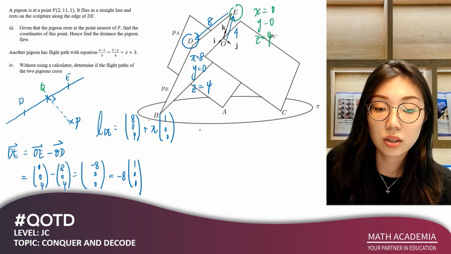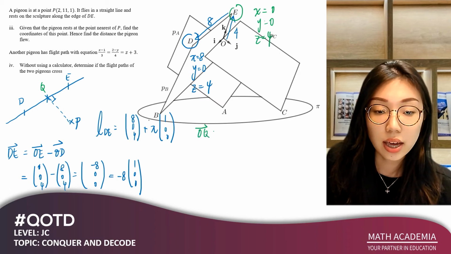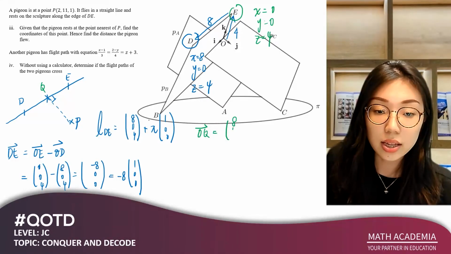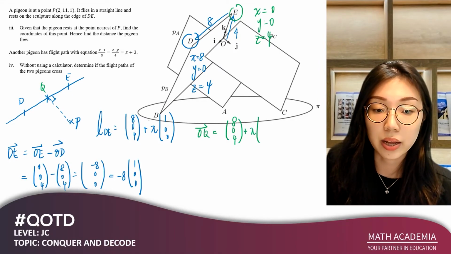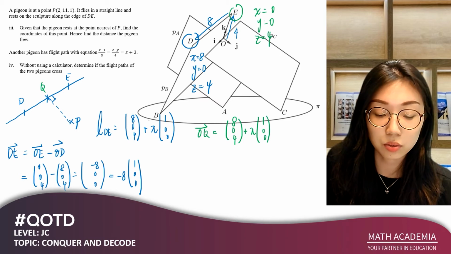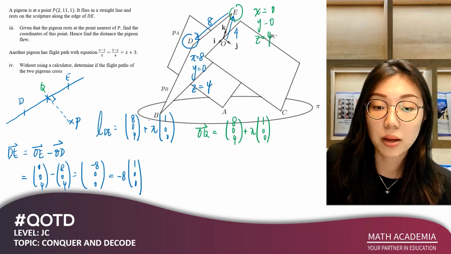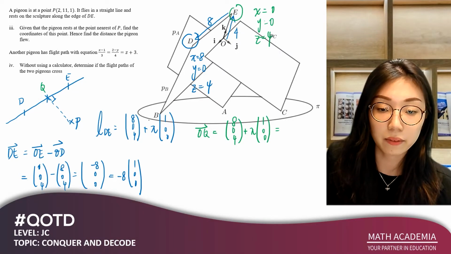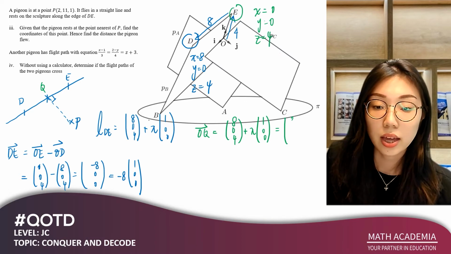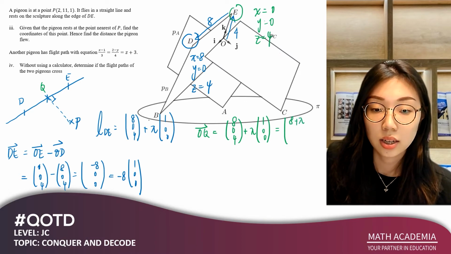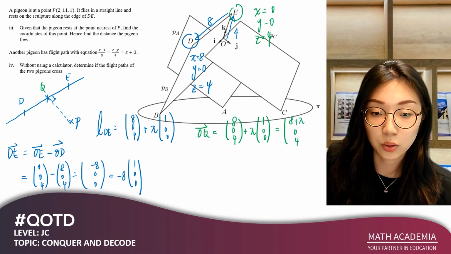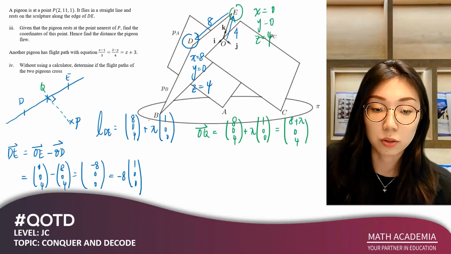Therefore, the position vector OQ can be represented by (8, 0, 4) plus lambda times the direction vector (1, 0, 0). So if I simplify my vector, I would have (8 plus lambda, 0, 4), where lambda is a value to be found.